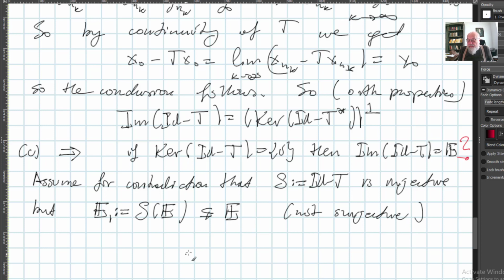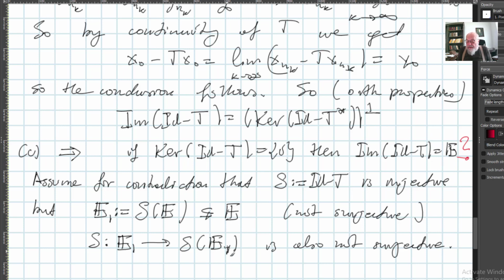Of course, notice that the same argument can be repeated again. If this is not surjective, then this operator S from E1 to S of E1 is also not surjective.